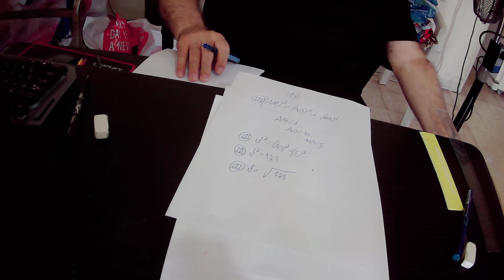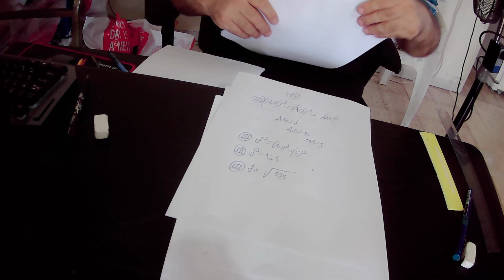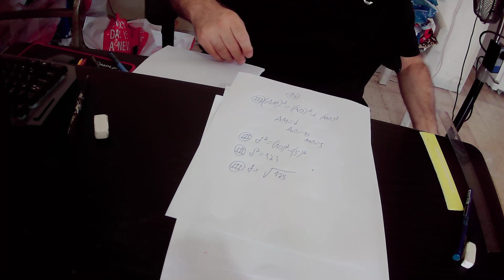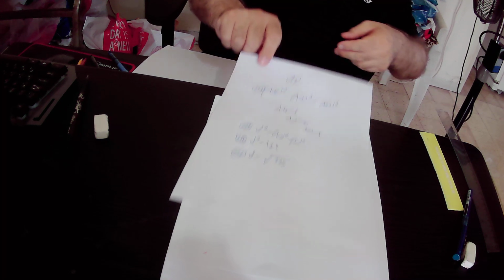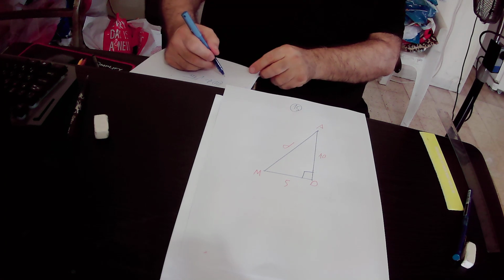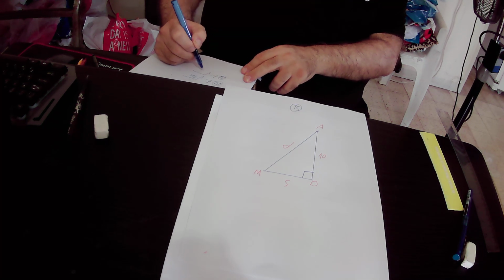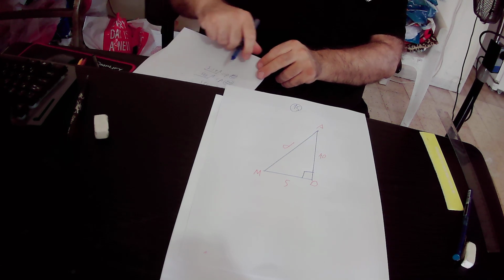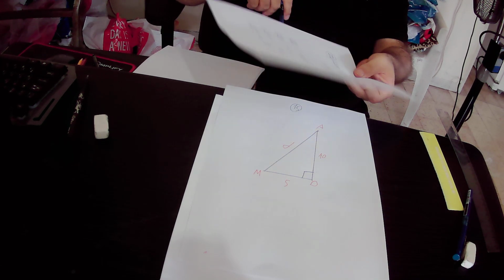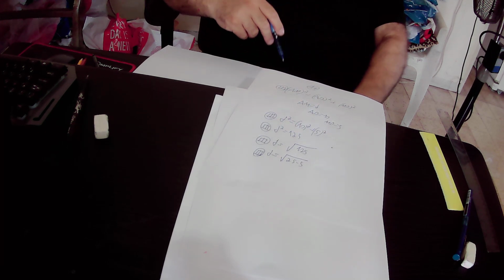We know that 125 equals 25 times 5. So I write it down. 125 equals 25 times 5.